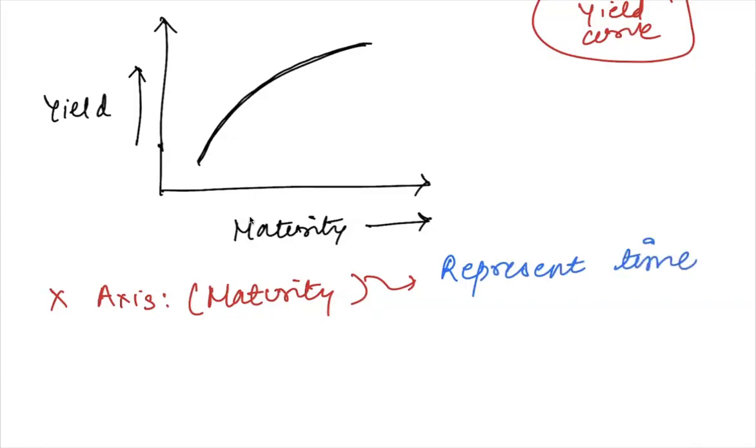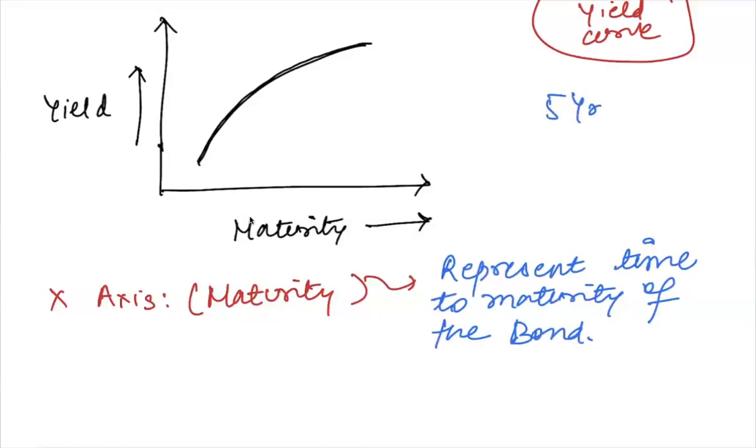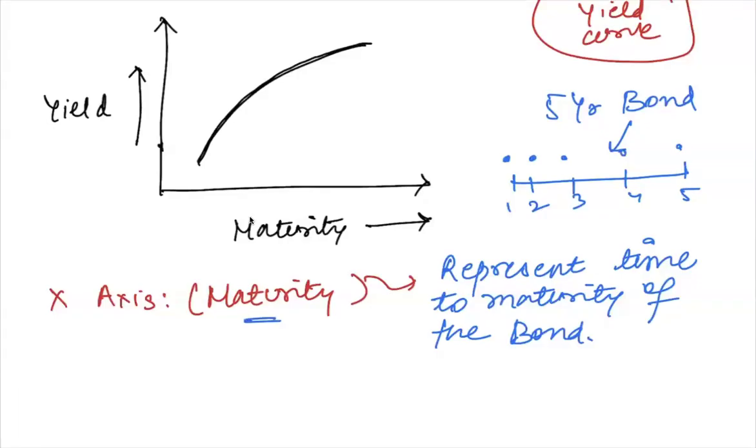If you remember, in our example we took a 5-year bond, which means the investment is for 5 years, 1, 2, 3, 4, and 5, and you'll receive certain money every year. So when I say a 5-year bond, the maturity of this bond is 5 years. When I say a 10-year bond, the maturity of the bond is 10 years.